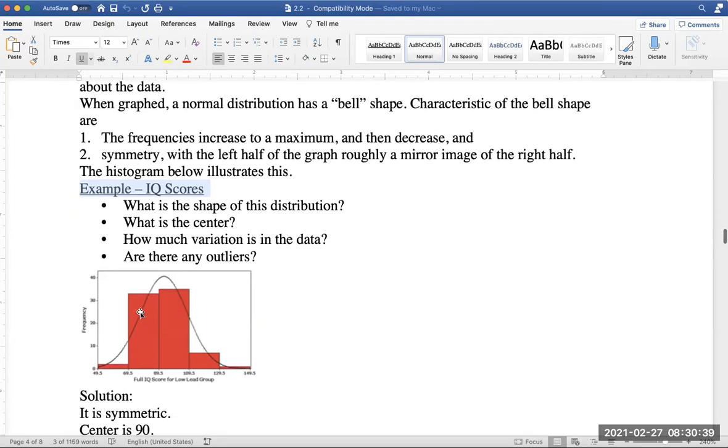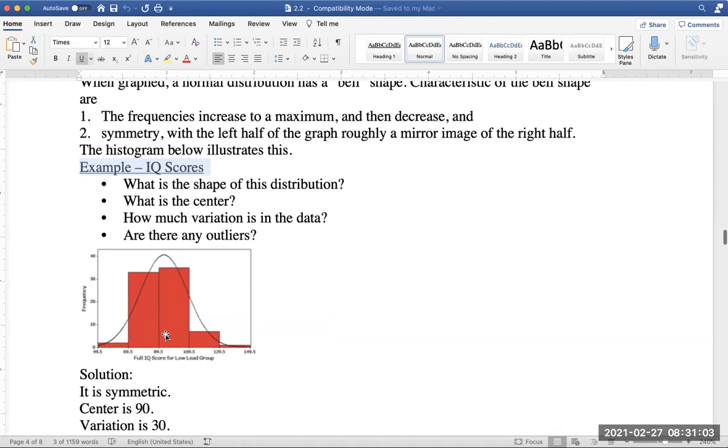The variation is here. Let's see if I can see these numbers. That's 10, so it's around 20. I'd say it's somewhere between 15 and 20.